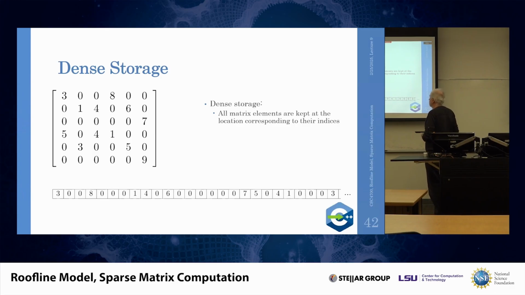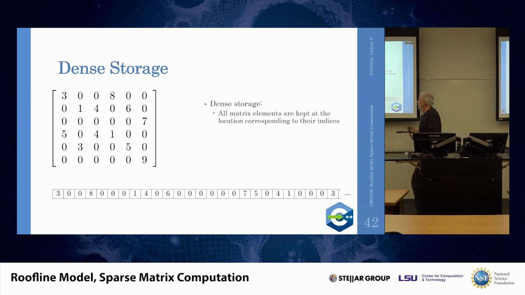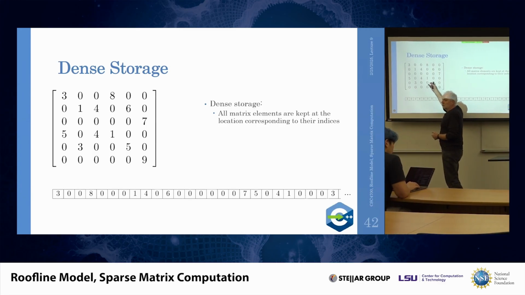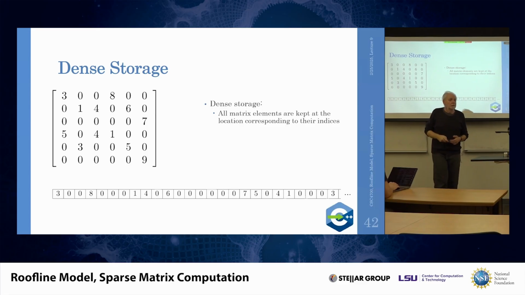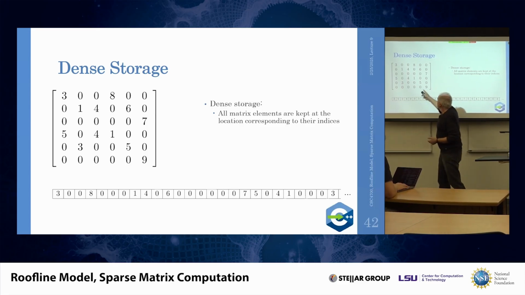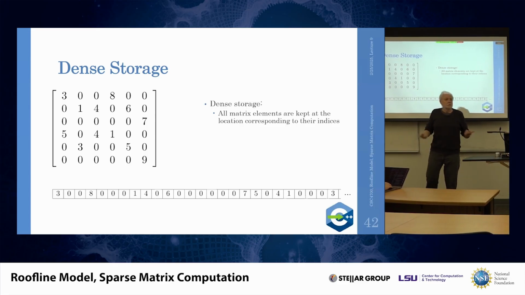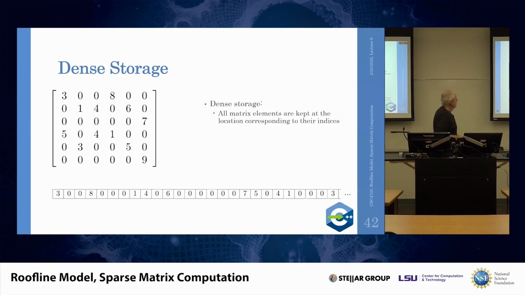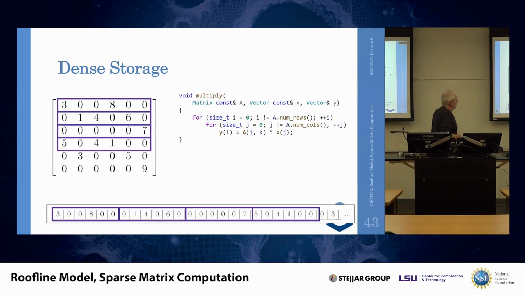So all matrix elements are kept at the location that corresponds to their position in the matrix, right? And that's what we want to get rid of, because as you can see, there are a bunch of zeros. Why should we store those zeros if they don't contribute to the final multiplication result we're interested in?